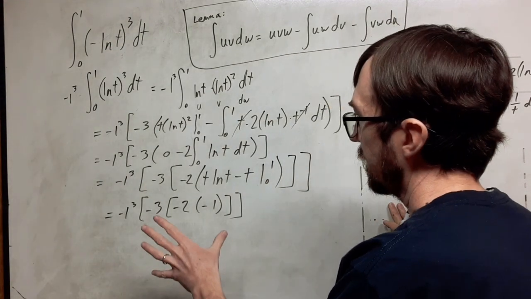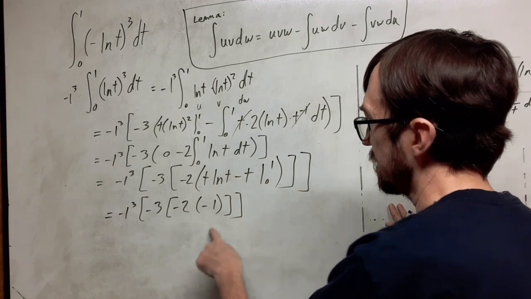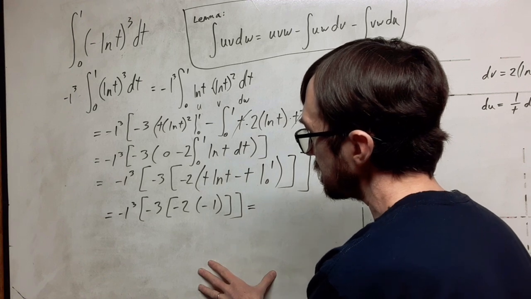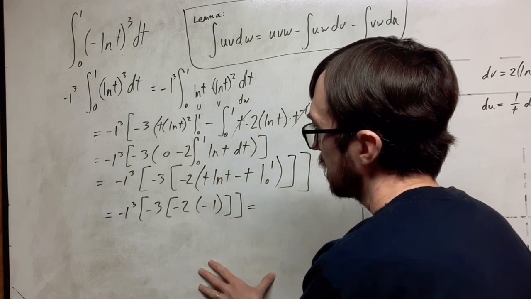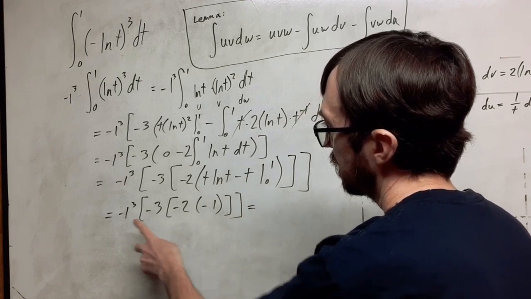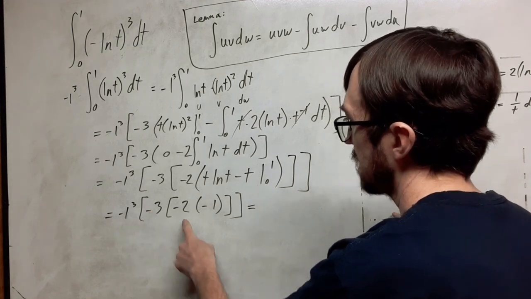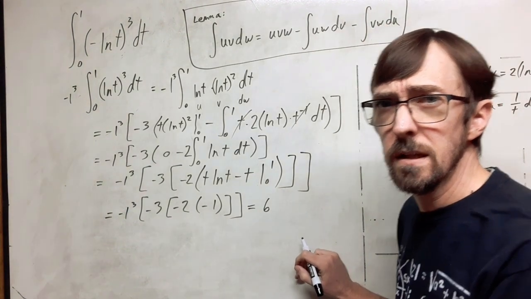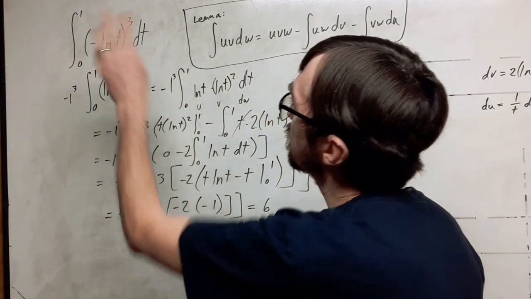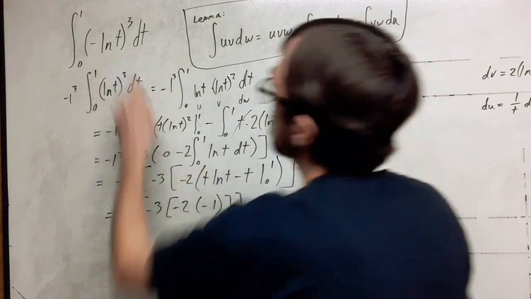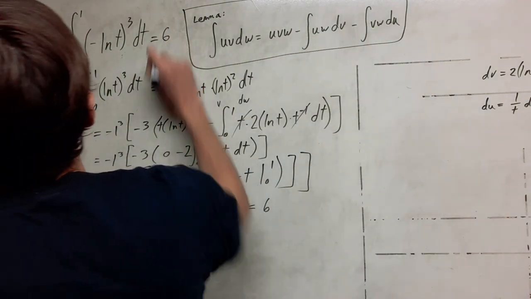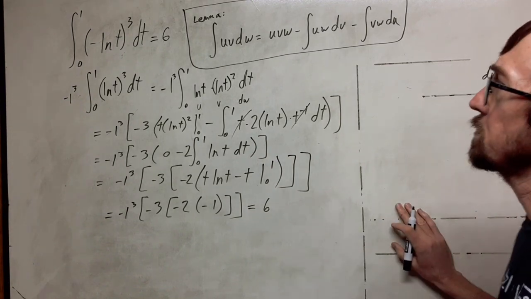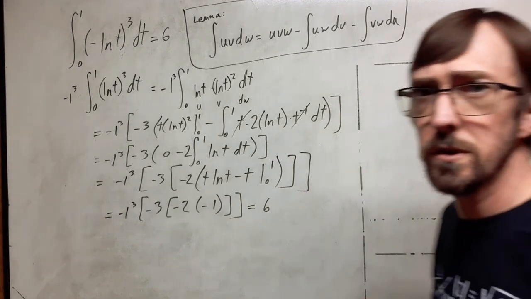All right. Now we have 4 negatives here, so our answer is going to be positive. And then we have 1 times 3 times 2 times 1. This is a positive 6, meaning that our original integral is equal to 6, which was the anticipated value that I was looking for.